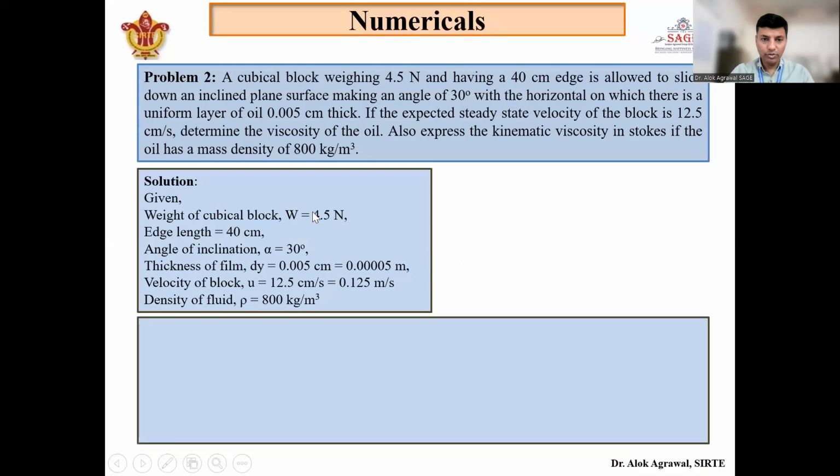So there is a cubical block 4.5 Newton, edge length 40 centimeter, angle of inclination 30 degree, thickness of the layer between the cubical block and the inclined plane is 0.005 centimeter. That is when we have to convert it in meter. Then velocity of block u is equal to 12.5 centimeter is given, that is 0.125 meter.